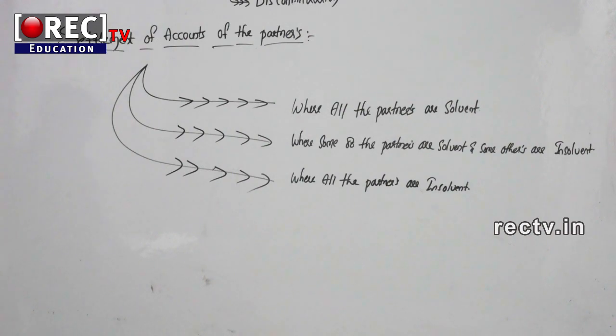In this, there are two situations. In case of fixed capitals, it means whatever capital is reflecting in the balance sheet, there is no change, then we should follow the capital ratio. Whatever ratio is lying in this capital, that ratio should be used to share the deficiency of the other partner.